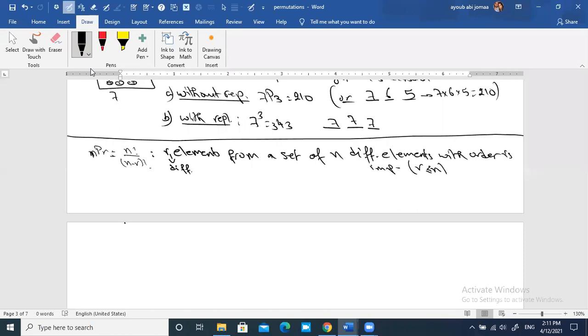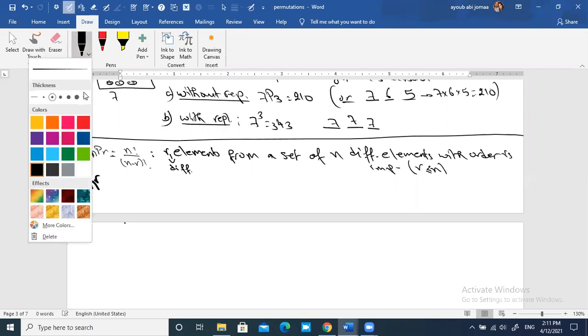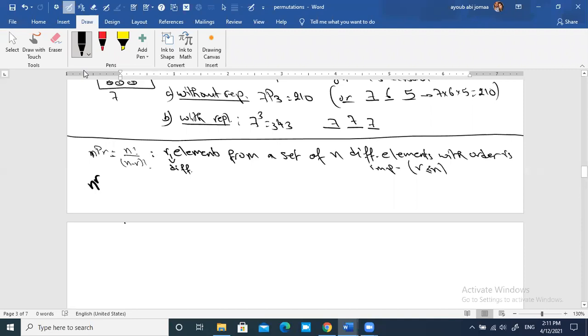Now, n to the power r is the arrangement of r elements from a set of n, but here repetition is allowed.